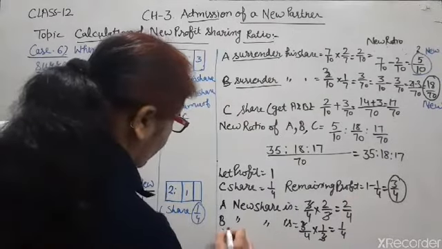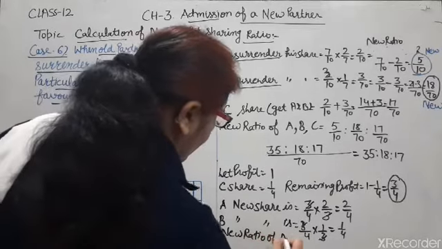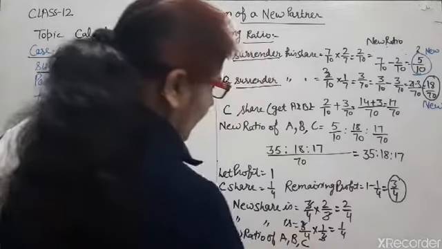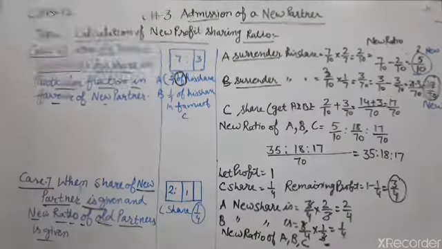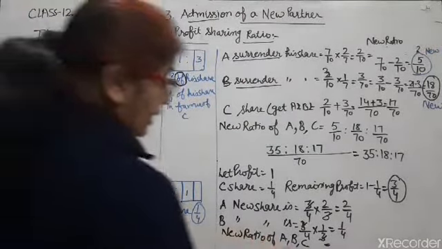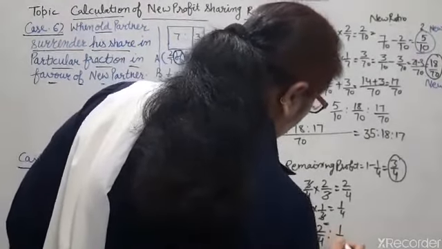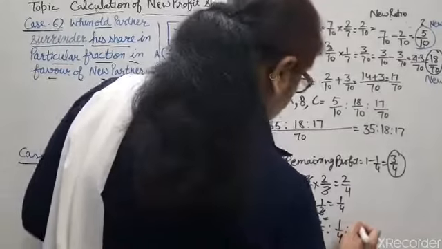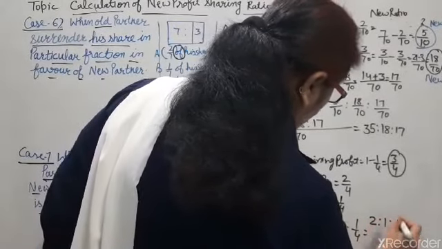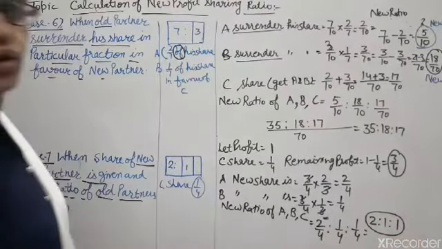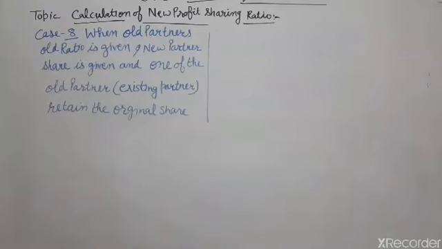Now the new ratio of A, B and C is 2/4, 1/4, 1/4. Then the new ratio of the firm is 2:1:1.